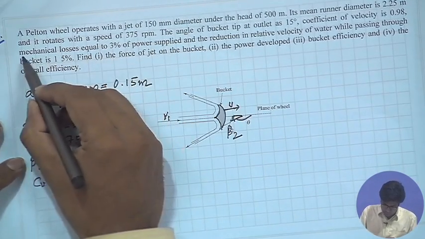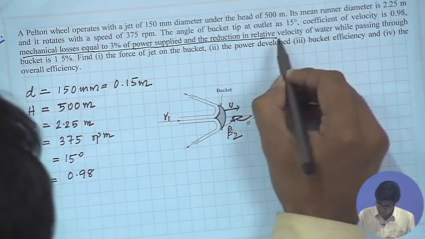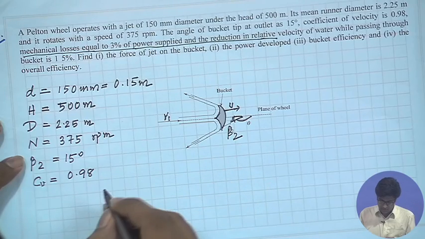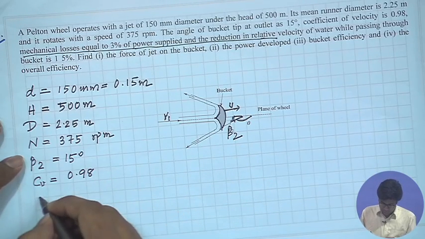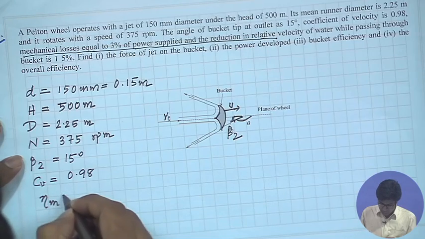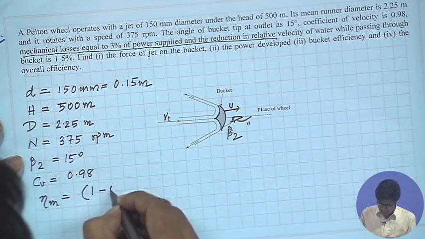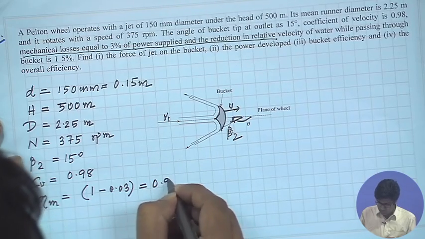Now, this line tells us the mechanical efficiency. So from this line we can say that the mechanical efficiency is 1 minus 3%, that is 0.03, that is 0.97.